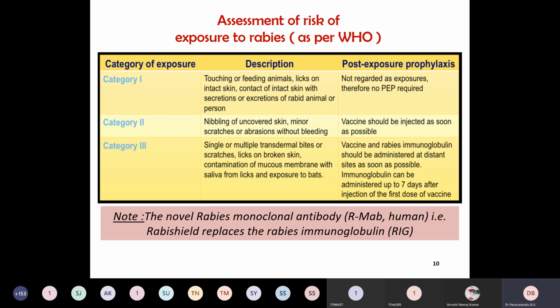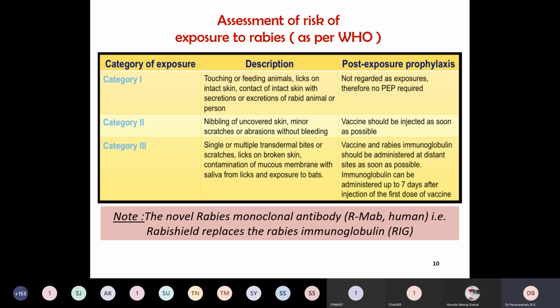In the less frequent type, paralytic rabies, the patient does not have these symptoms and shows signs of paralysis, most commonly in the bitten limb, and the condition usually is progressive. In both cases, the death due to rabies is mostly following cardiorespiratory failure.